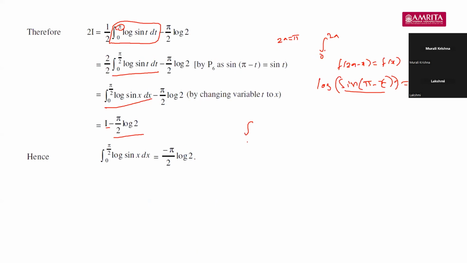The integral, upper limit is pi by 2, lower limit is 0, of 2 log sin x minus log sin 2x into dx. 2 log sin x minus log sin 2x. Yes, sir.